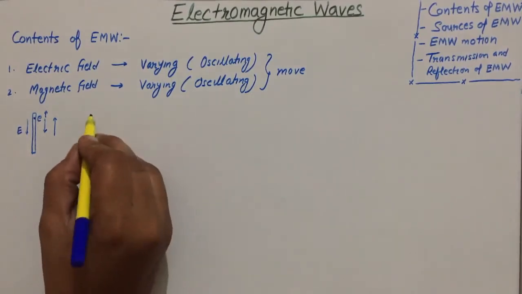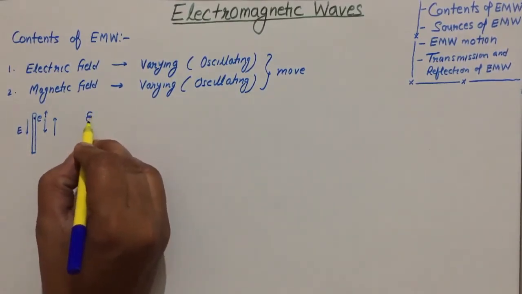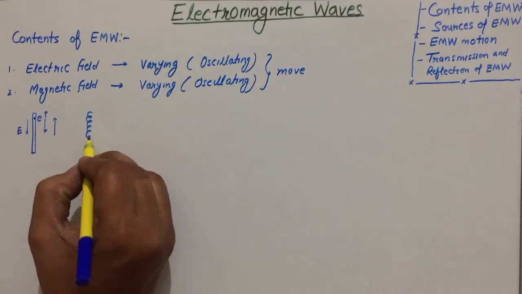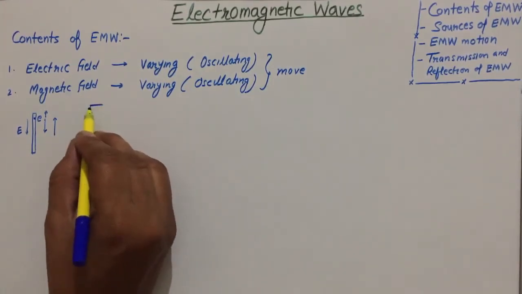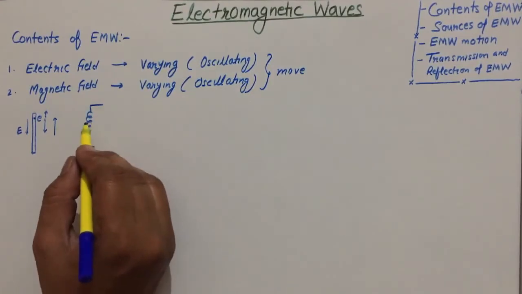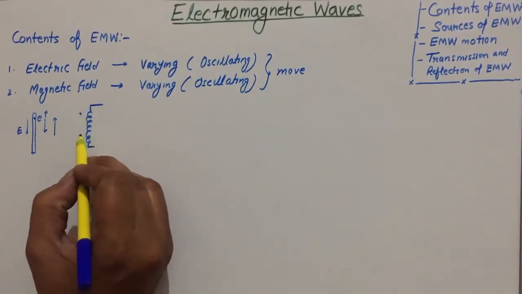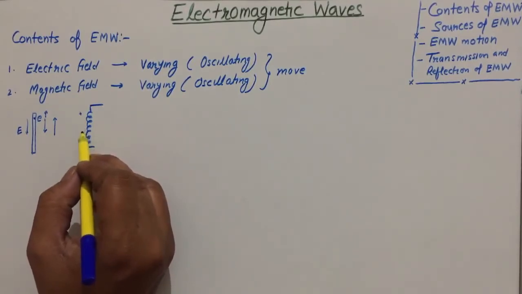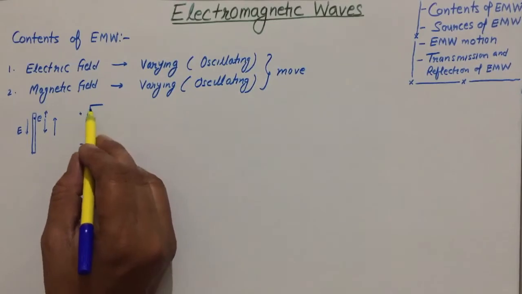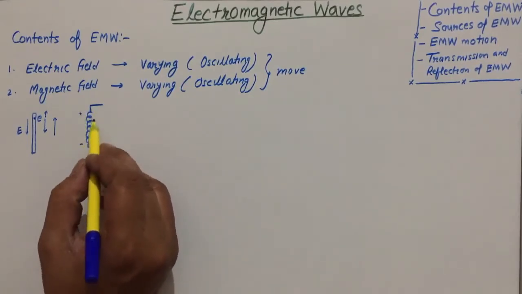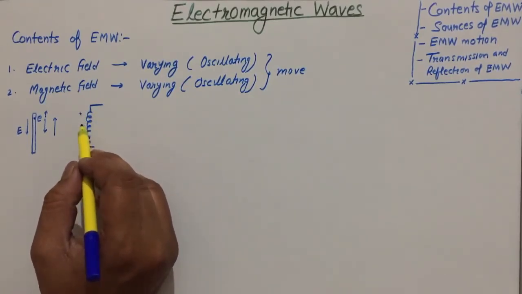Similarly, when there is a coil and the wave is passed through this, an EMF is induced in it. So that confirms that the EMF induced in it confirms the varying magnetic field.